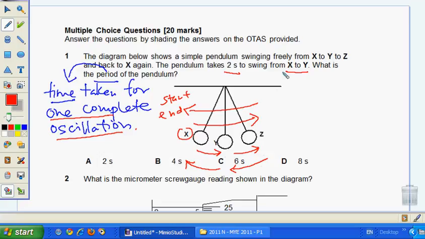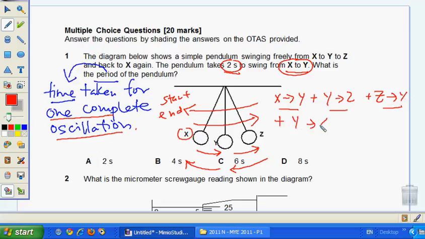So X to Y is only one quarter of one complete observation. We need X to Y plus Y to Z, plus Z back to Y, and Y back to X as a complete observation.